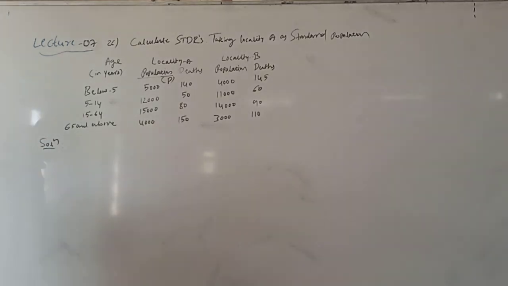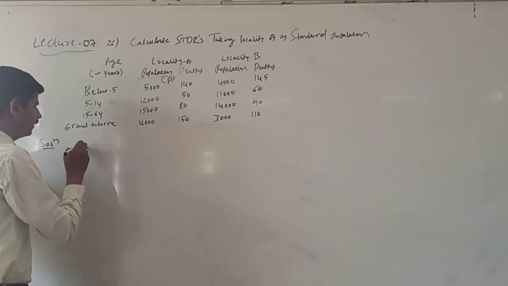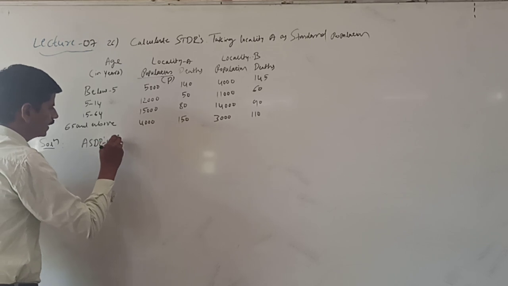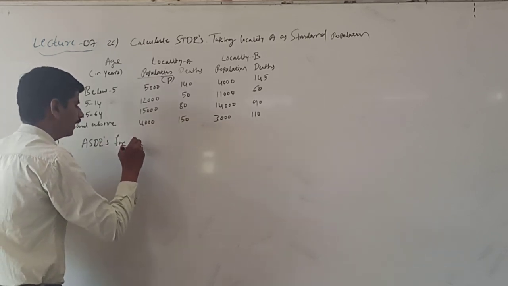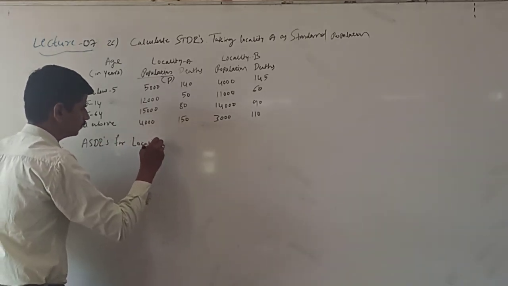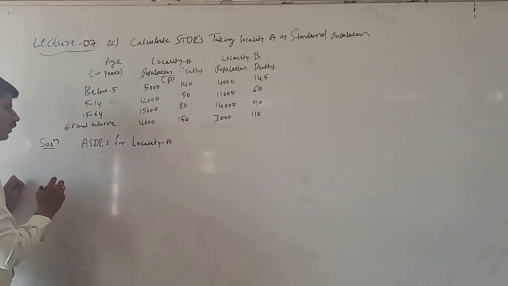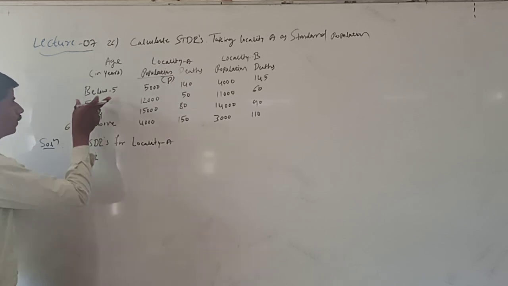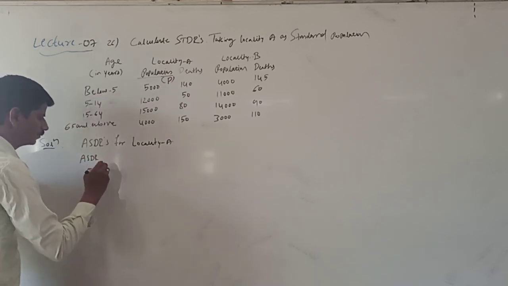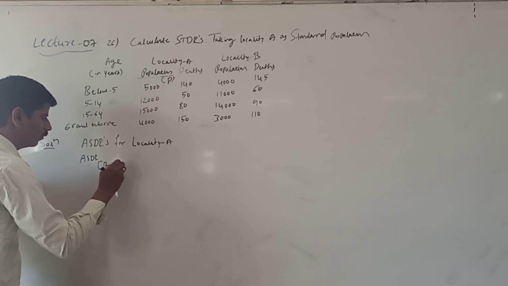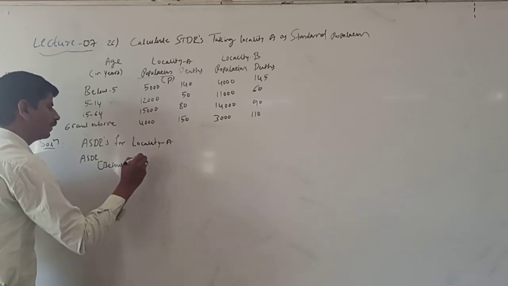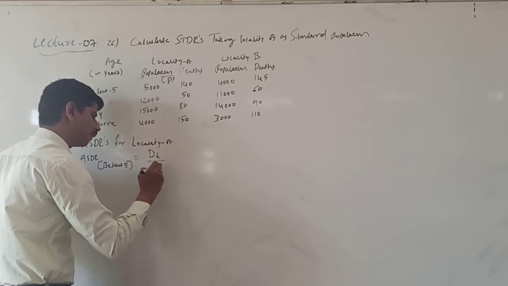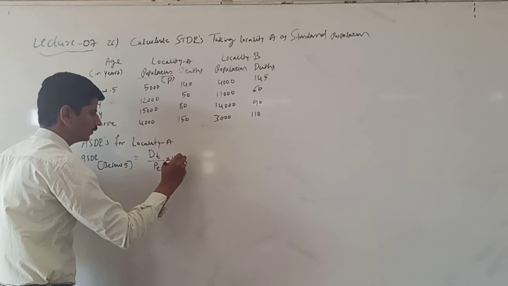You have to find ASDRs for locality A. That is ASDR for the age group below 5, that is DT by PT into 1000.